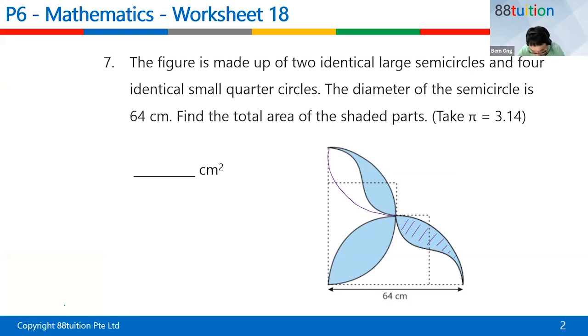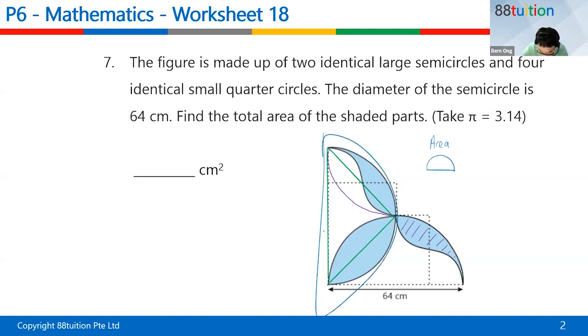Can you see that this is like a triangle? Follow the green color. Can you see the green triangle? So I purposely take the area of the semicircle, this is a semicircle, minus the area of a triangle, which is like that.